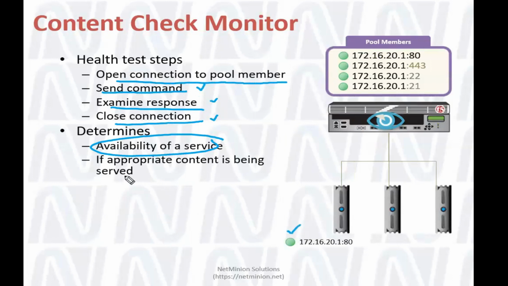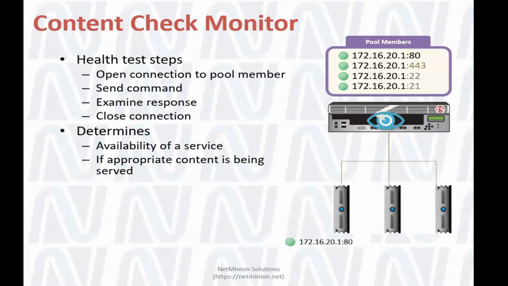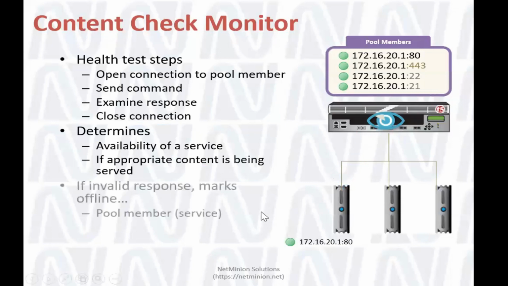Okay. And here it is determining whether appropriate content is being served or not. Okay. If again, the content is not there, in that case, it will mark as down. So it is sending HTTP GET and analyzing that response also. Okay. So that is how your content check health monitor will work.